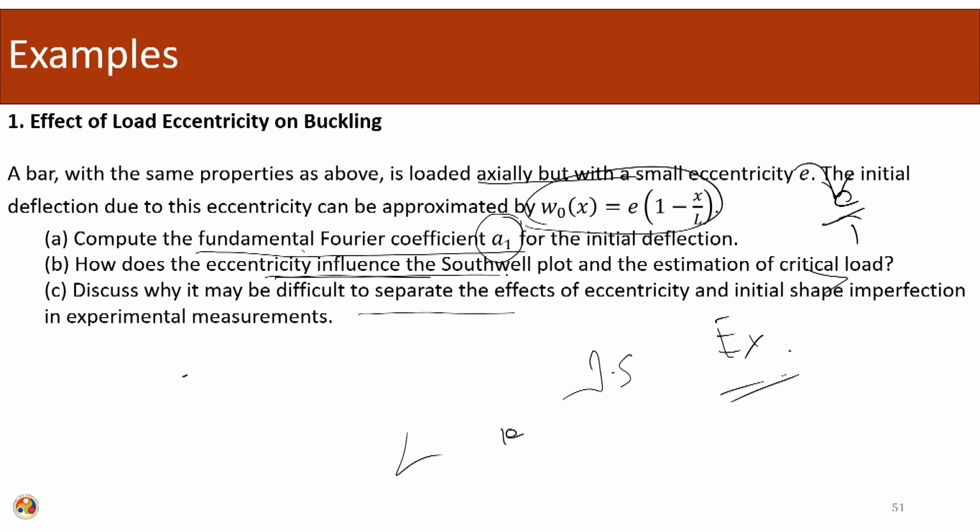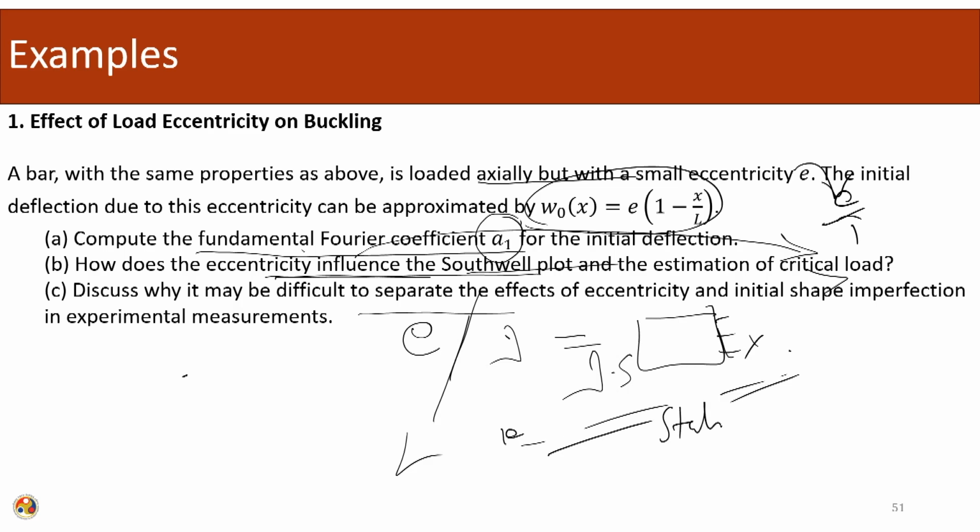We looked into the effect of eccentricity on the Southwell plot and on the estimation of the critical load, and then we reasoned out why the separate effects of eccentricity and initial imperfections are difficult to separate out in experimental observations. So, this was a case of static buckling.